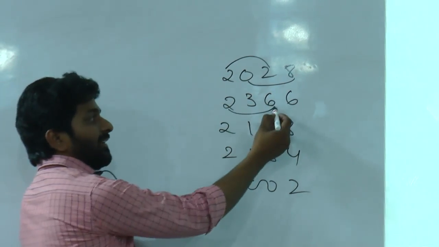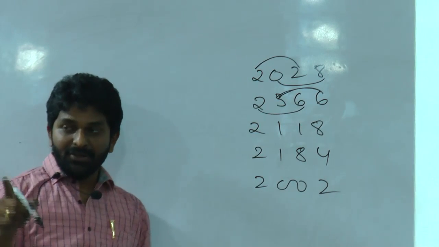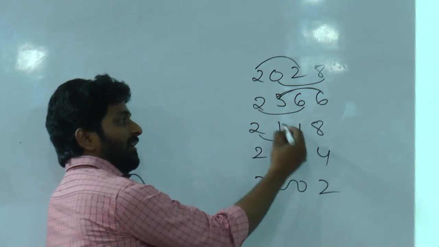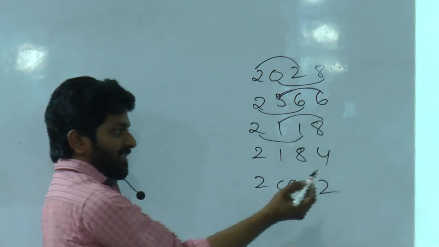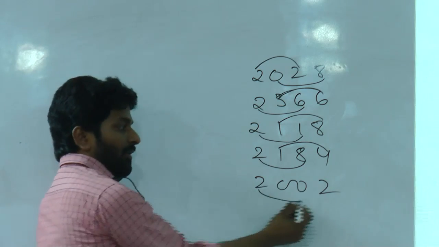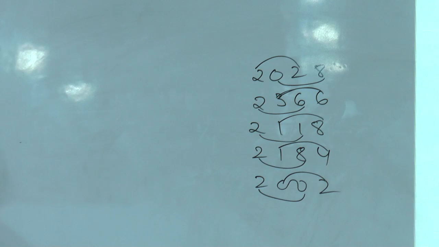So here it is 8, but second alternate 9, difference is 1. That difference should be either 0 or 11 multiple. So here it is 3 and 9, difference is 6. 10, 5, difference is 5. 2, 2, difference is 0. So this number is divisible by 11.